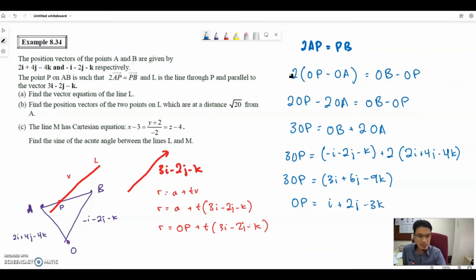This represents the position vector for point P. So our equation for the straight line L is r equals i plus 2j minus 3k plus t(3i minus 2j minus k). That is the vector equation for line L, answering question a.